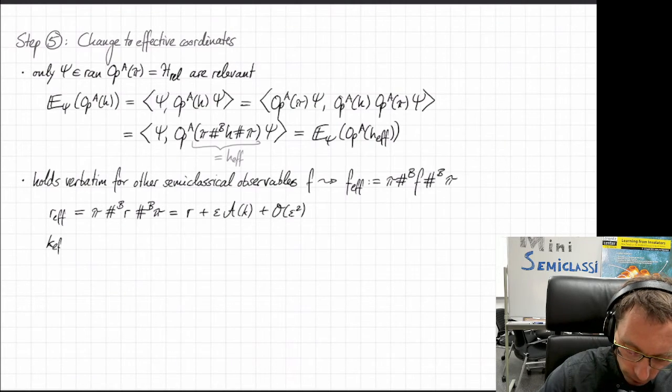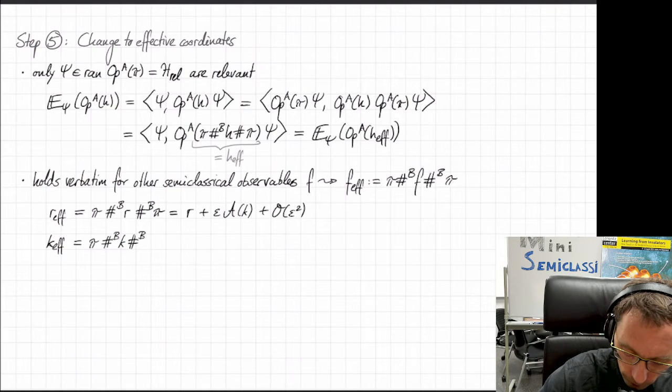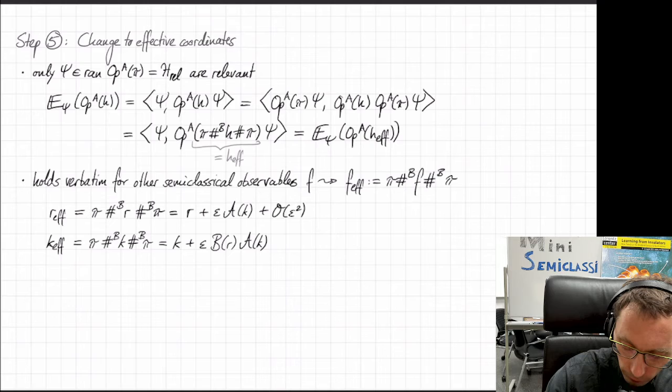And also the effective momentum coordinate gets modified. What you get is the leading order term, which is the boring one, plus epsilon B of r times A of k. So again, the Berry curvature enters.